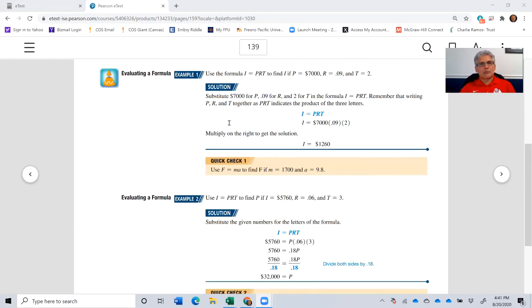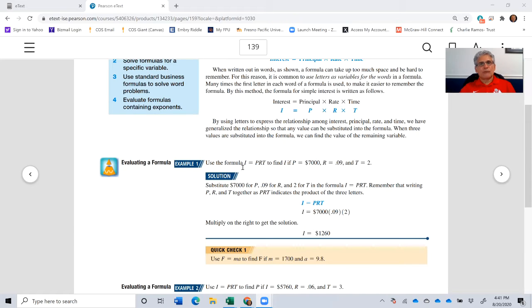So the example here, if you use the formula I equals PRT and you're provided with P of 7,000, R of 0.09, which in terms of a percent would be 9%, and T is equal to 2. Time is 2.